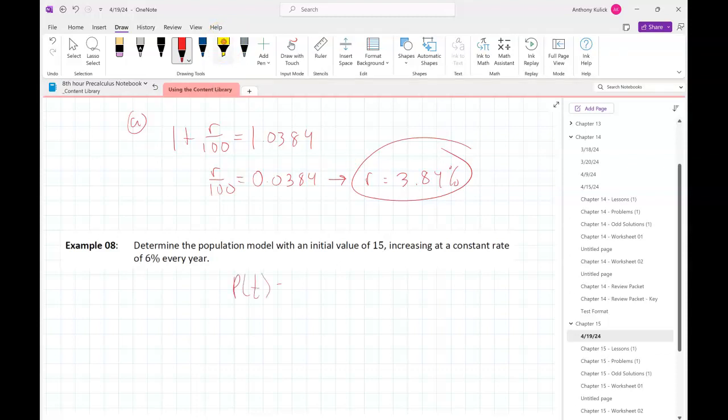So again, it says it's population, so I'm going to use that population model. It says initial value of 15, so that's my P naught. It says we're increasing, so I know the R is positive. 6%, so that's my R.